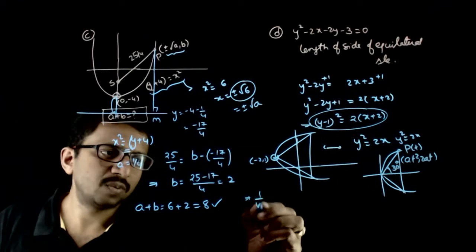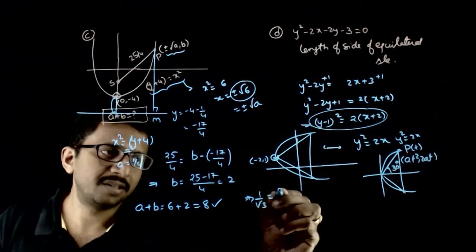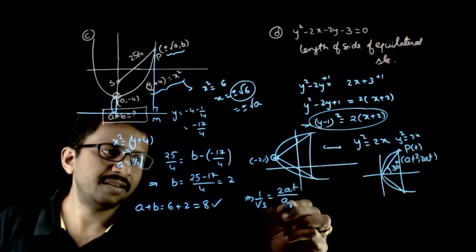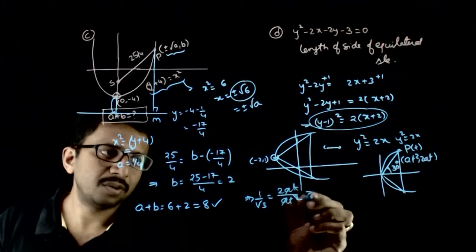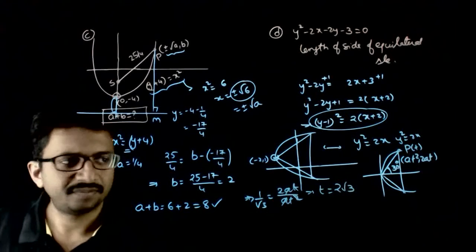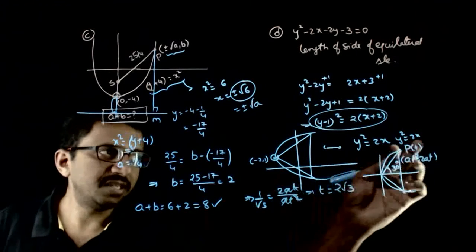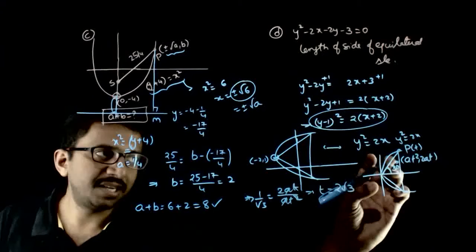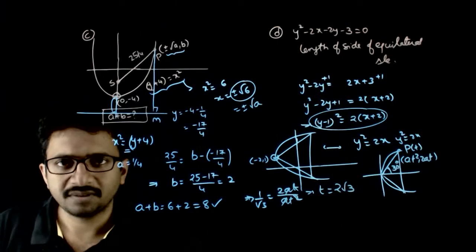So tan 30 degrees, 1 by root 3, is equal to y coordinate by x coordinate, 2at by at square. The a and a get cancelled, and t and t get cancelled. So my t has to be equal to 2 root 3. If t is equal to root 3, then this angle will be equal to 30 degrees. Then this triangle by symmetry becomes an equilateral triangle.